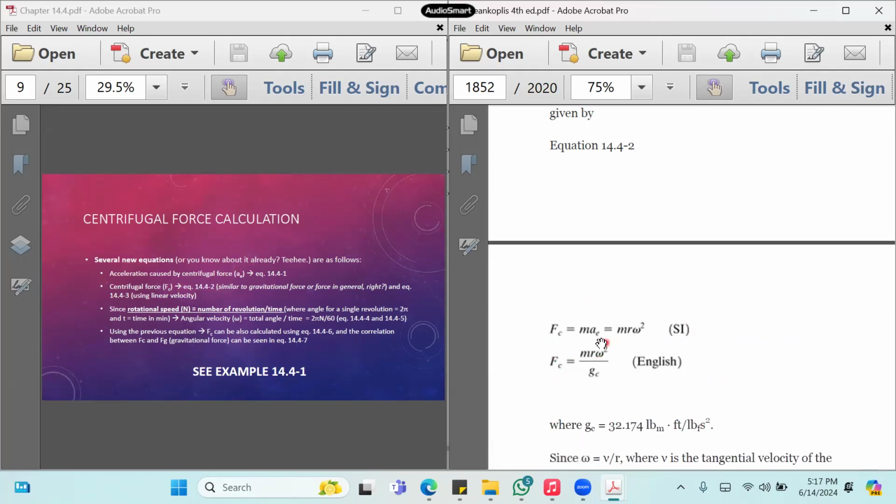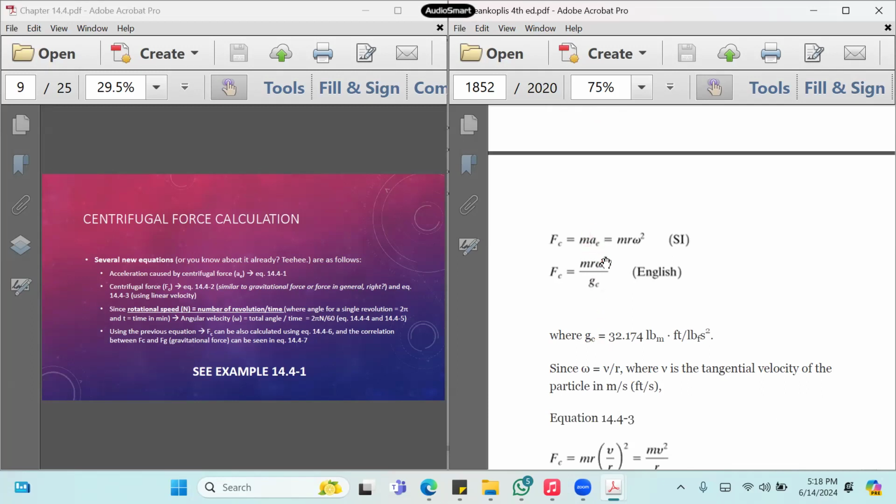We can see the equation in equation number 2 here. If you see, it's similar to the gravitational force, which is mg, but now it's m a_e. In the linear force, we also know it as ma, mass times acceleration. Now we know it as m a_e. We just change the acceleration from the linear or gravitational acceleration to the centrifugal acceleration, or angular acceleration.